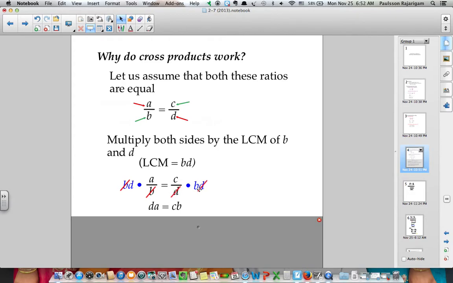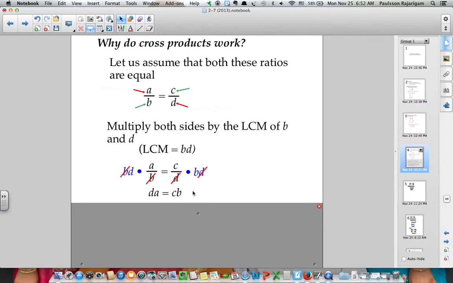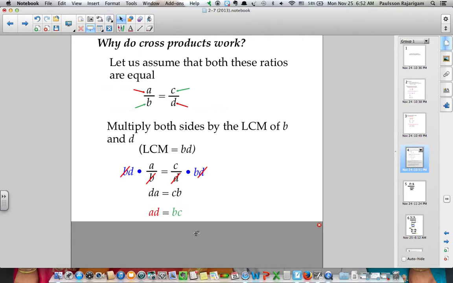You would agree with me that I can cancel factors, right? Leaving me with D times A on the left side and C times B on the right side. Rearrange the terms. I have AD equals BC.